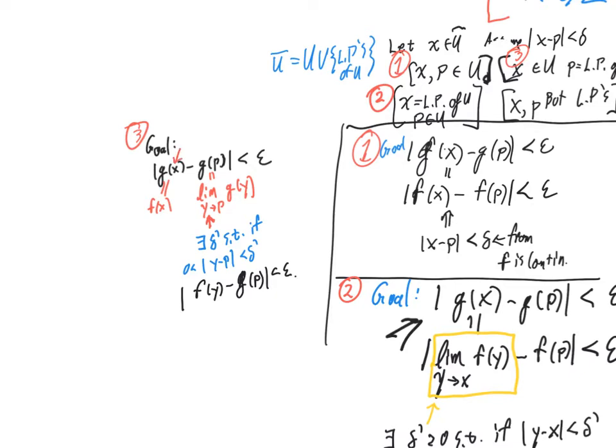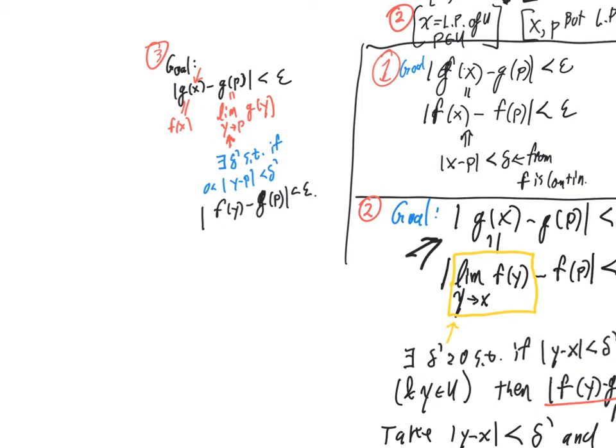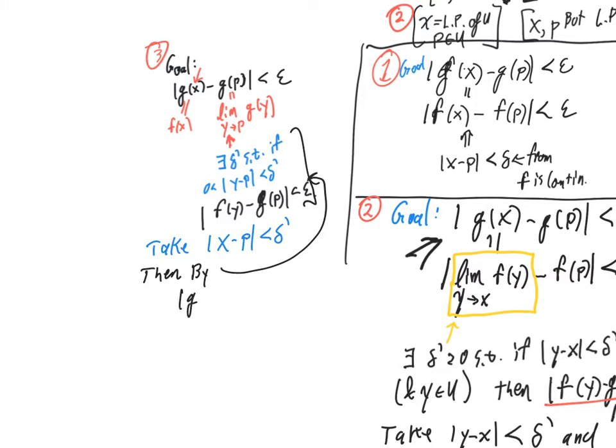There's an input in u. So let's just take absolute value of x minus p less than delta prime. Then, by exactly this, I'll get absolute value of g of x, f of x, minus g of p, less than epsilon. Not quite.